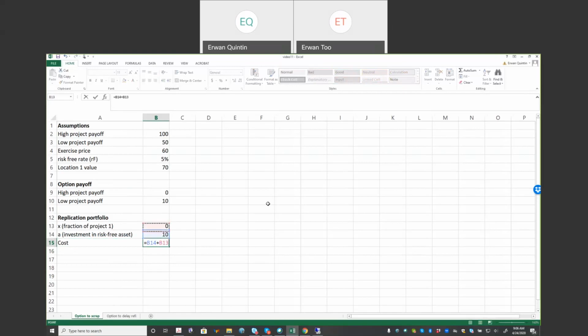Plus, I have to buy whatever fraction I want of the project. And of course, the project costs 70. So if I want to buy 20% of the project, it's going to cost me 70 times 20%. If I want to sell 20% of the project, it's going to give me 70 times 20%. Okay, so that's the cost of the replicating portfolio.